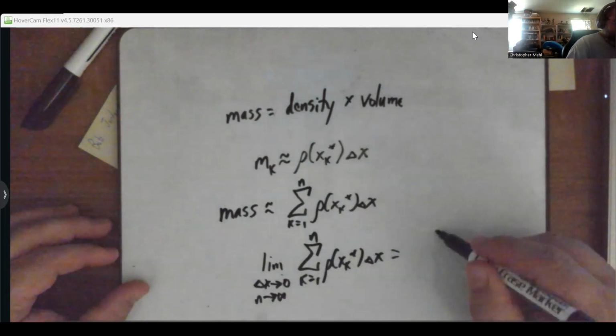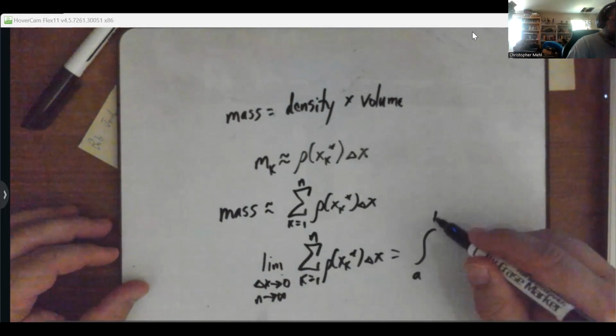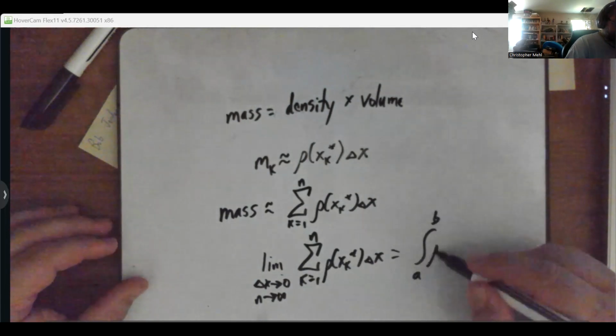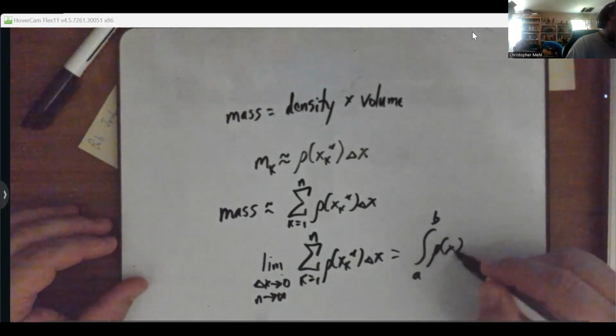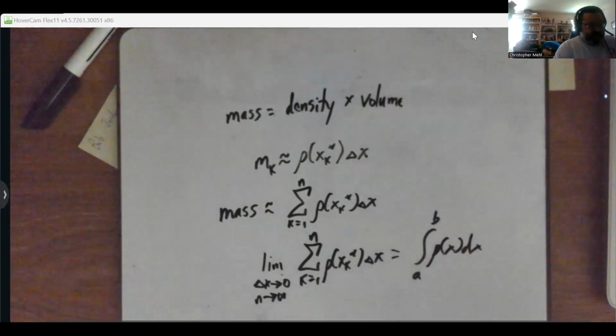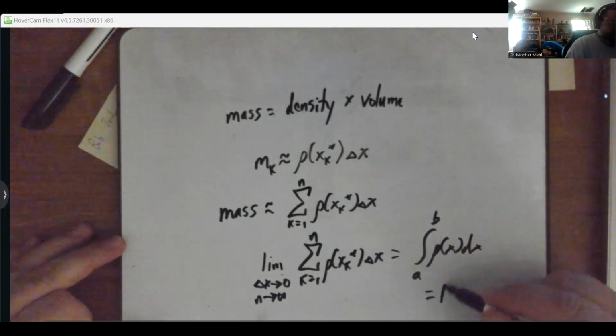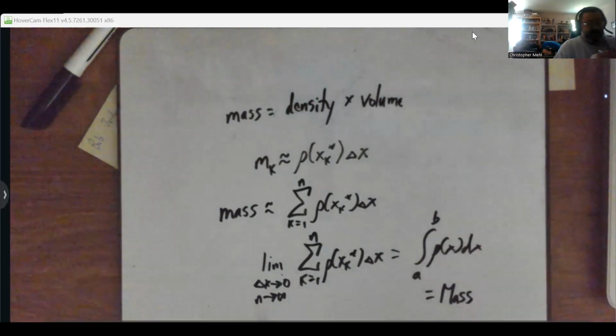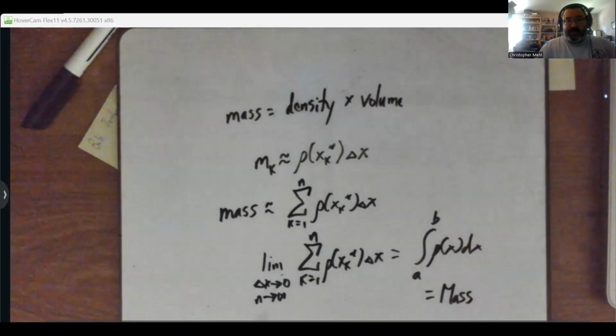And in the limit, this becomes the integral from a to b of rho of x dx. And that is the mass of our object.